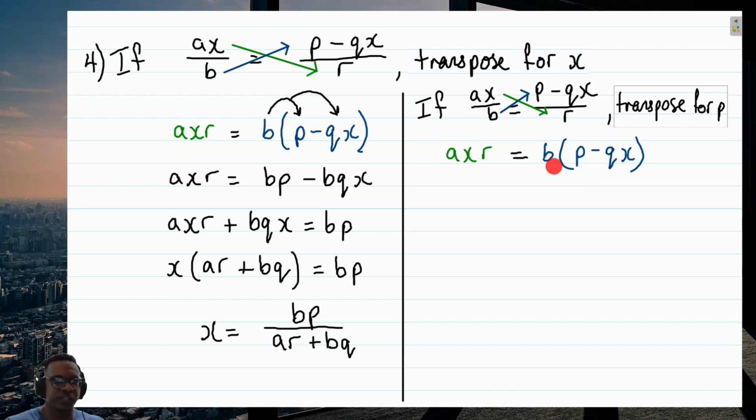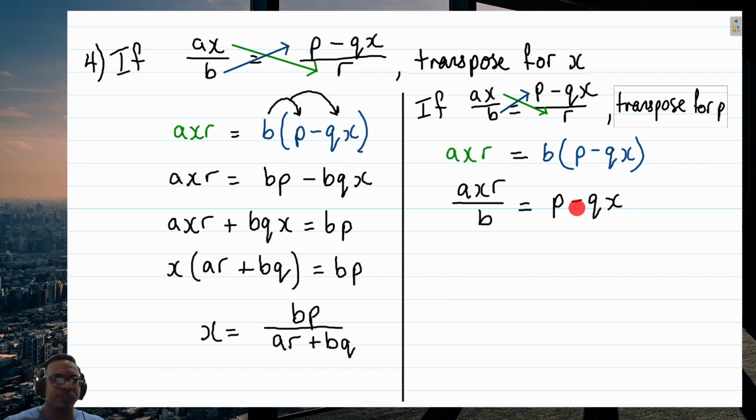So the operation between the b and the p take away qx is multiplication. So when this b goes across the equal sign to the left hand side, the operation will change to division and the b would go under the axr. So I'll have axr divided by b is equal to p take away qx.